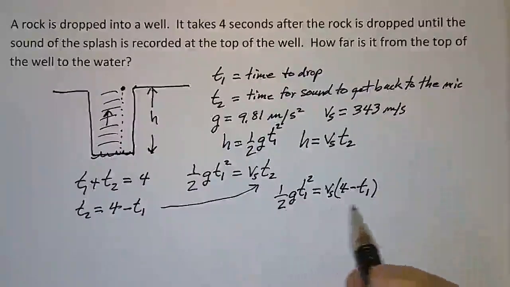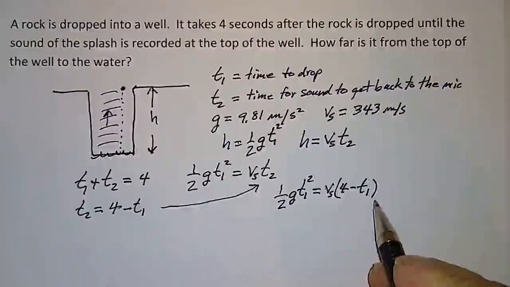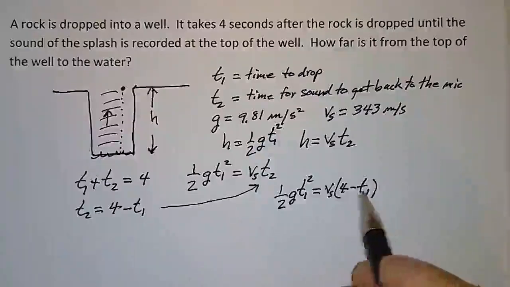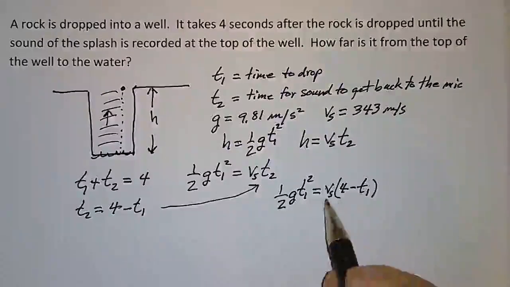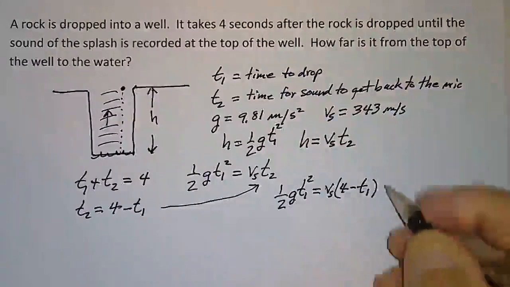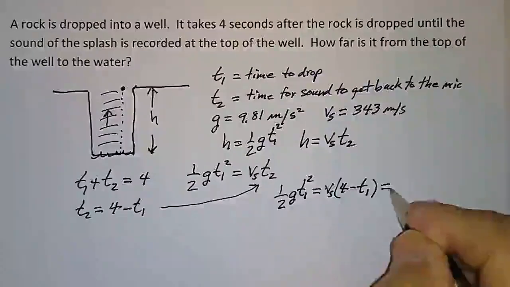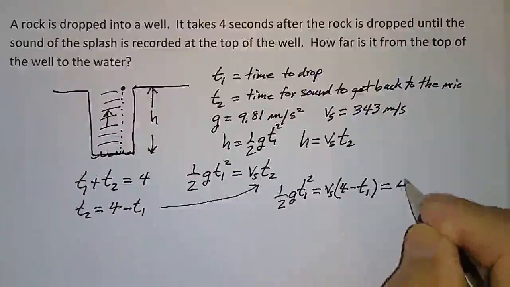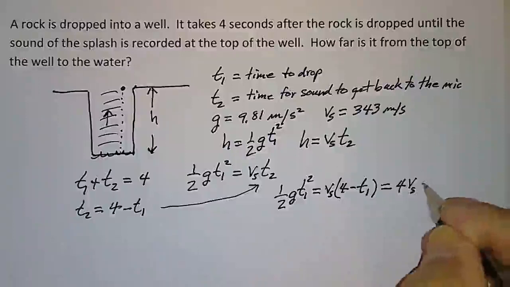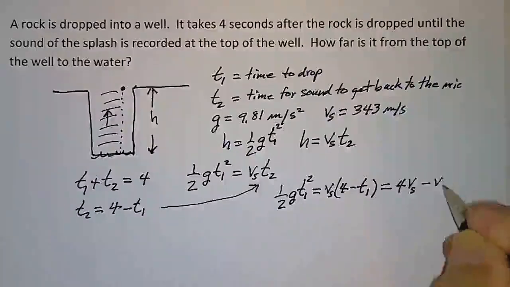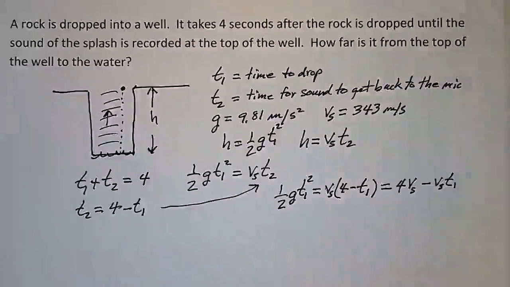So first of all, let's deal with this. This is a quadratic equation, and I can write it in the form of a standard quadratic equation by moving the stuff on this side of the equation over here. First of all, let me just write that out. This is equal to 4 Vs minus Vs T1.